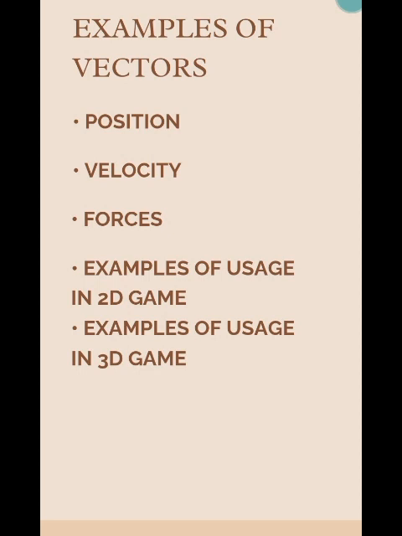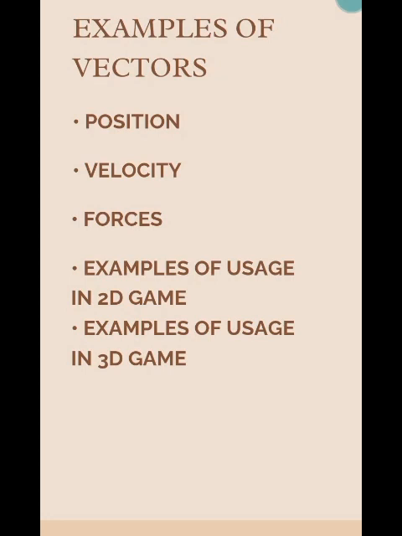So forces acting on objects such as gravity or wind are represented as vectors. For example, gravity pulling an object downward can be represented as a 2D vector, 0 and negative 9.8, in a physics simulation. So, example of usage in a 2D game using vectors.